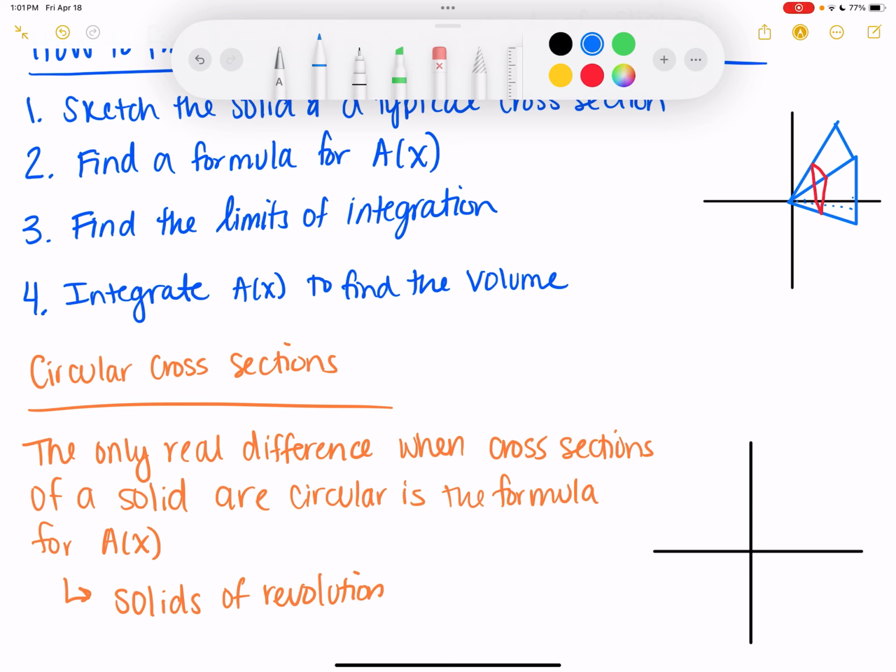Obviously, there's all different pictures. Not a great vase, but close enough. Oh, that's a fish. Okay.